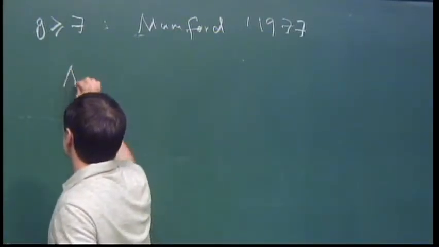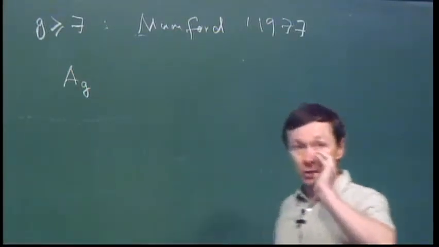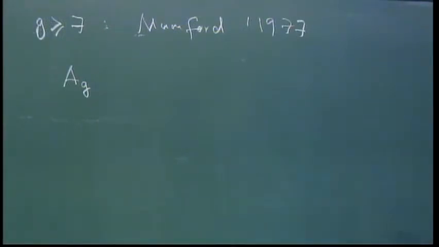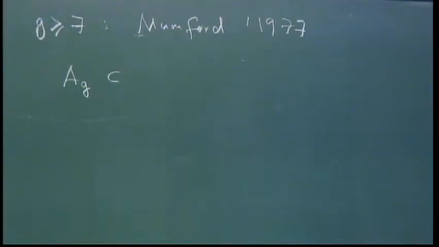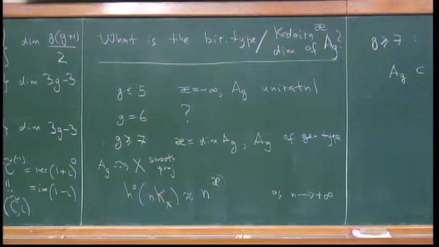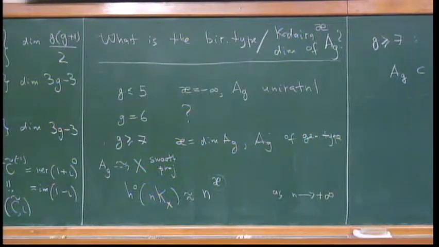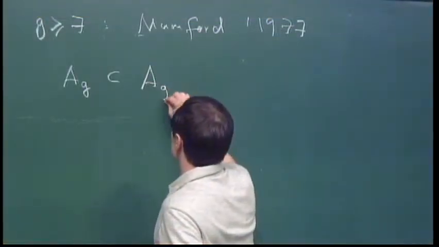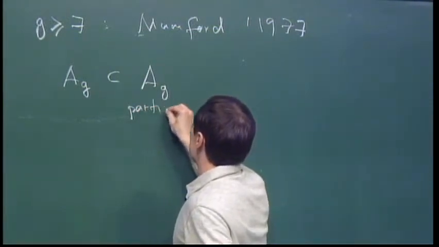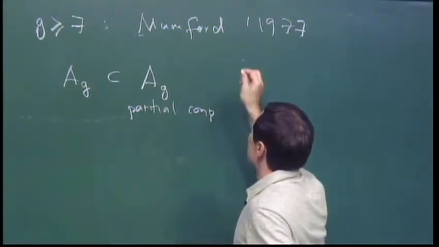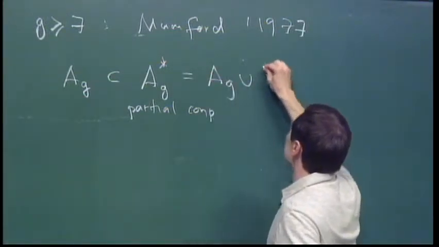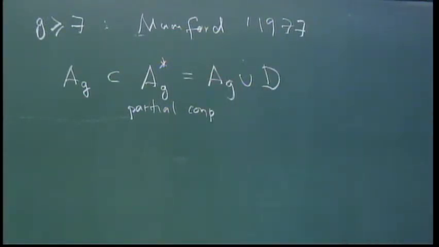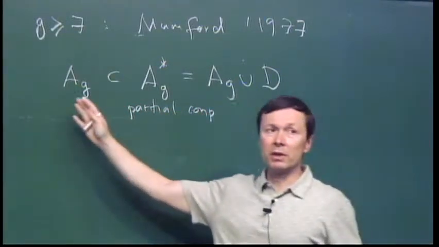Here's the main idea. So you start with A_g, and of course A_g is not compact. And so to compute the Kodaira dimension, to compute some numbers like that, you want to pick a compactification. And there is a partial compactification A_g star, where you only add one divisor on the boundary, the simplest degenerations of abelian varieties.